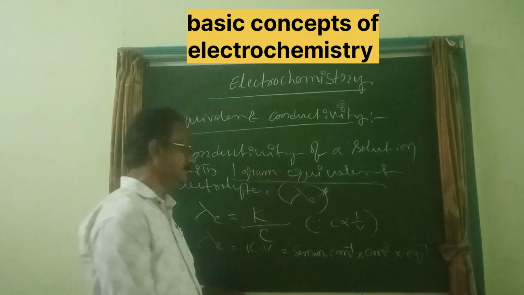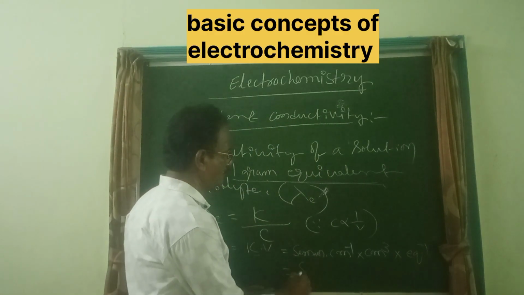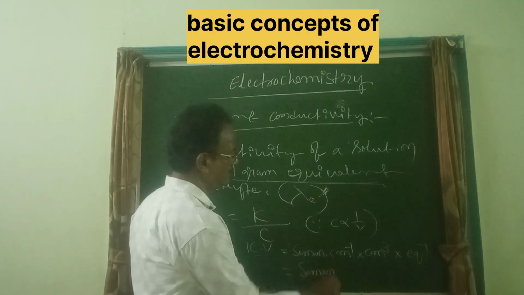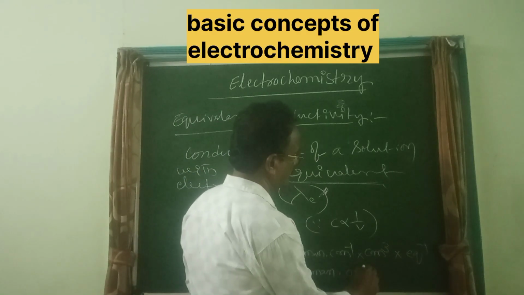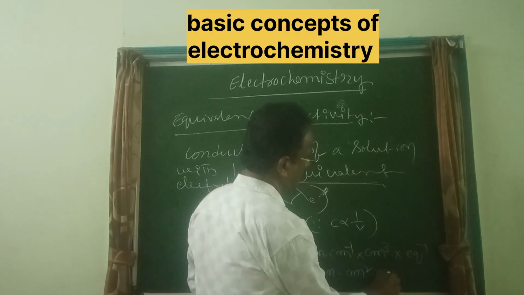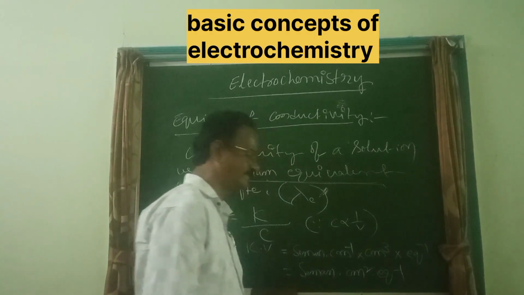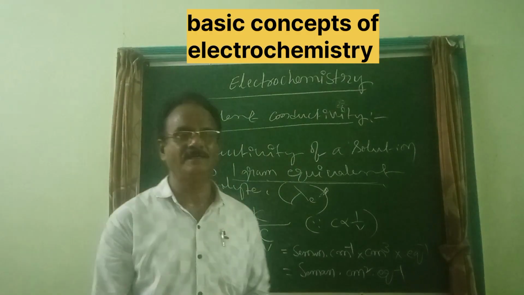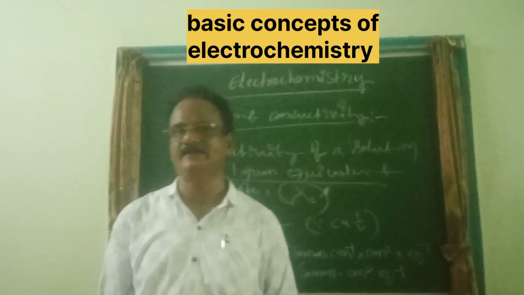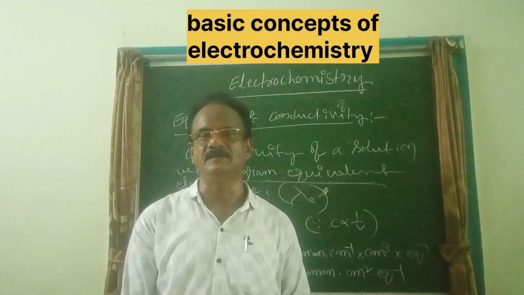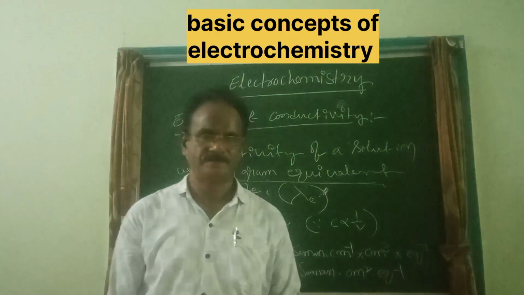The units for equivalent conductivity are Siemens centimeter square equivalent inverse. By drawing units for any specific property, we can define that also easily. Thank you.